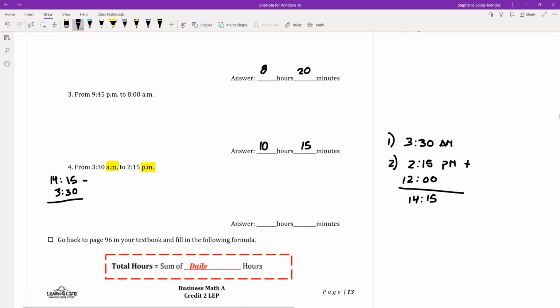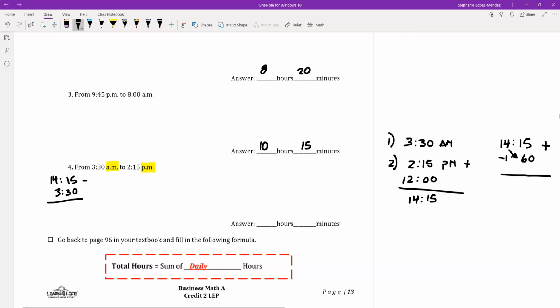So I need to convert, right, 14 hours and 15 minutes, and I need to borrow the 60 minutes. So instead of having 14, I'm gonna pass one of these hours into minutes, so I'm adding 60 minutes. Okay. And then 1 hour of the 14 just converted to minutes.